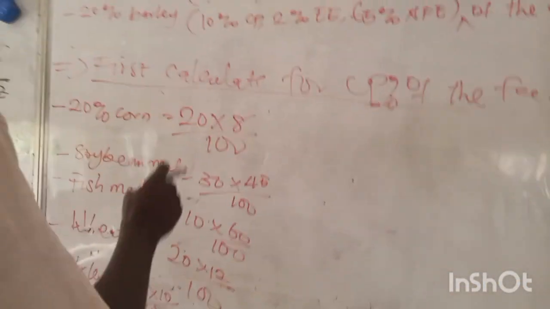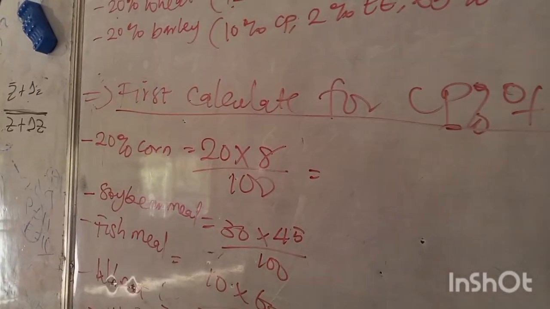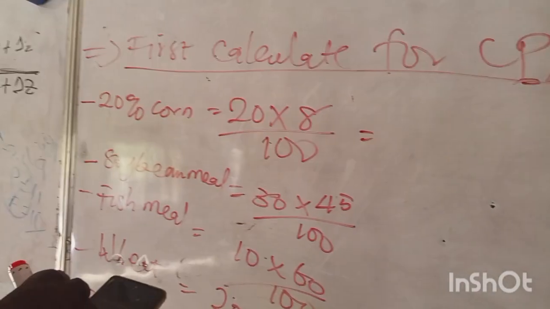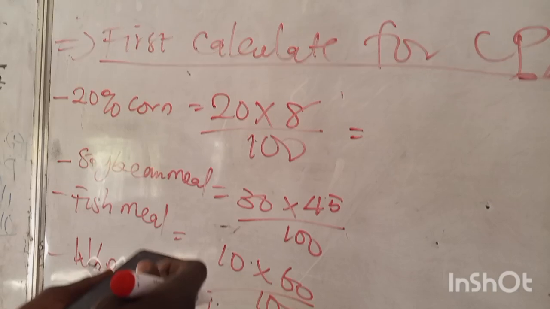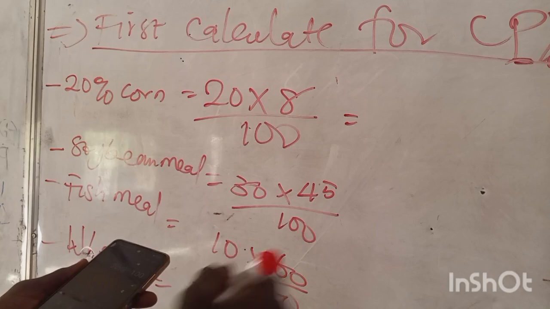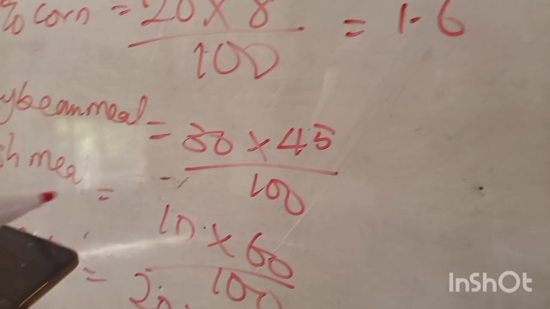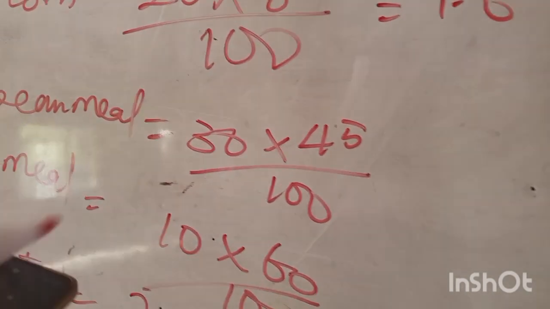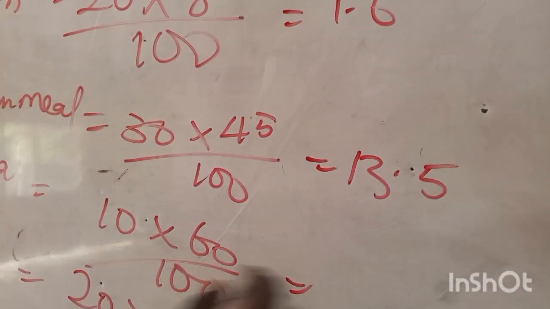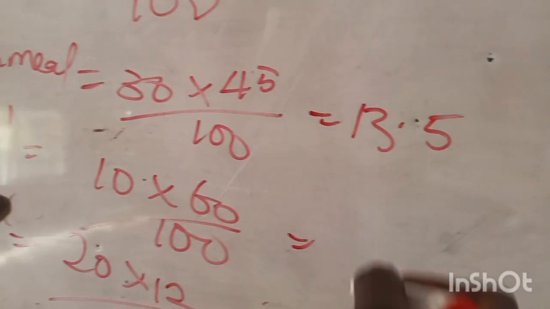So this times this will give us, let me just use my phone so that we can get what I am saying. 20 times 8 divided by 100 will give you 1.6. Then you come down to 30 times 45 divided by 100, which will give us 13.5. 10 times 60 divided by 100 will give us 6.